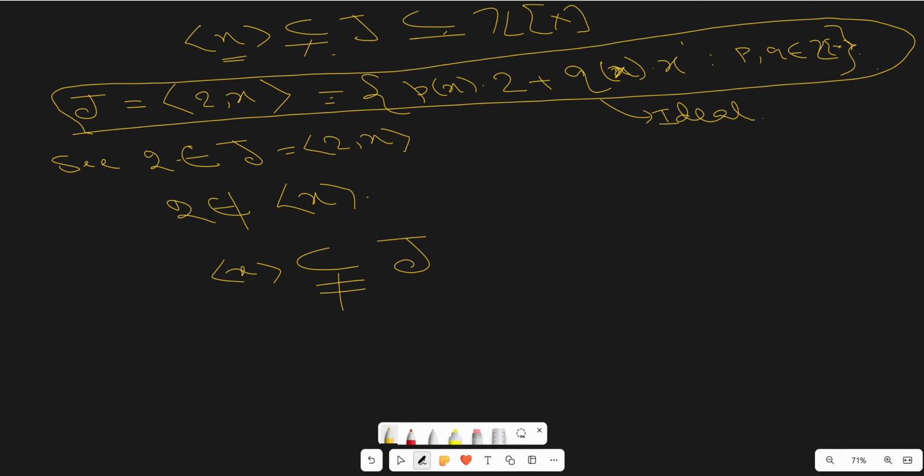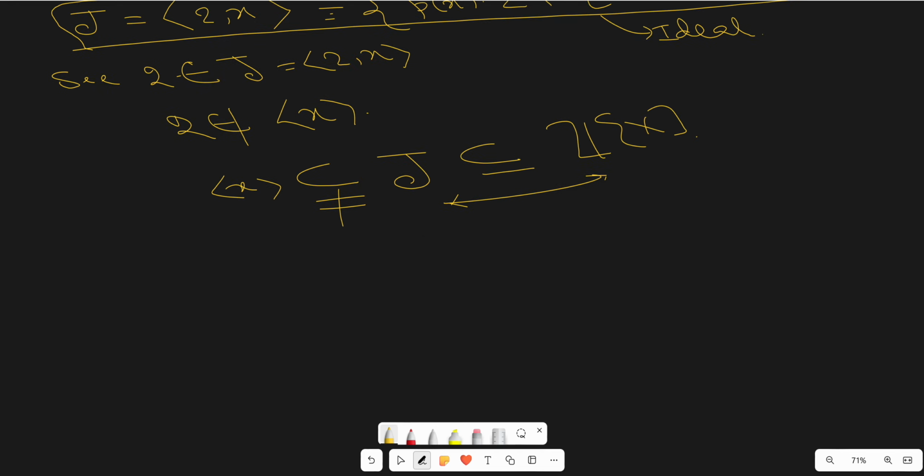My point is that this is inside not R, actually the ring Z. But what do you think about them? Are they equal or not? How do you know they are not equal? This J and Zx are not equal. Why?